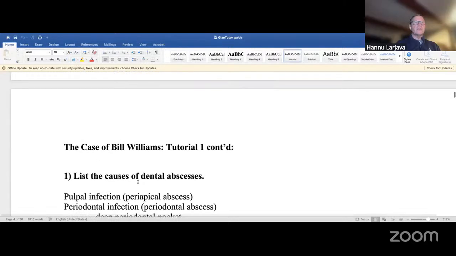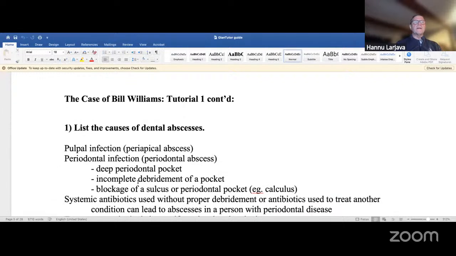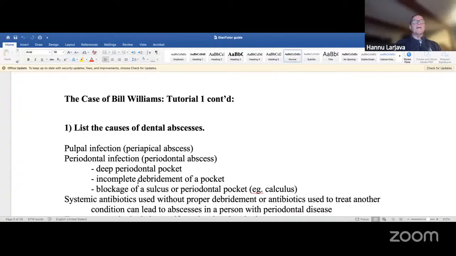So obviously, you're going to have swelling of the gingiva if you have a periapical abscess, root canal related issues, or a periodontal abscess that comes from a deep pocket that doesn't drain. That can come from just having lots of calculus there, or incomplete debridement.